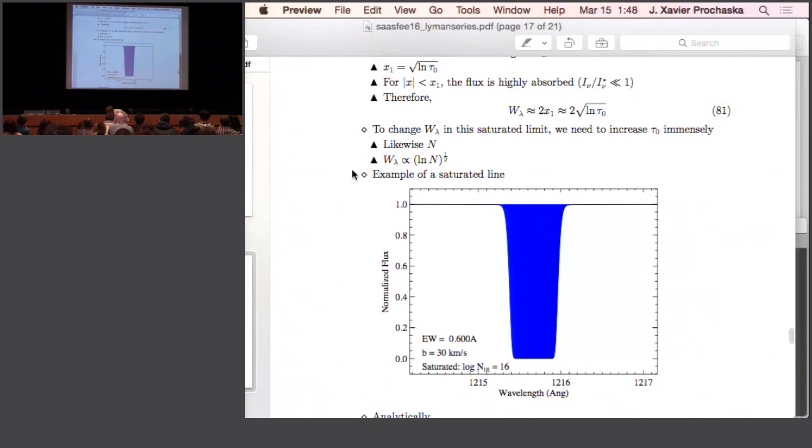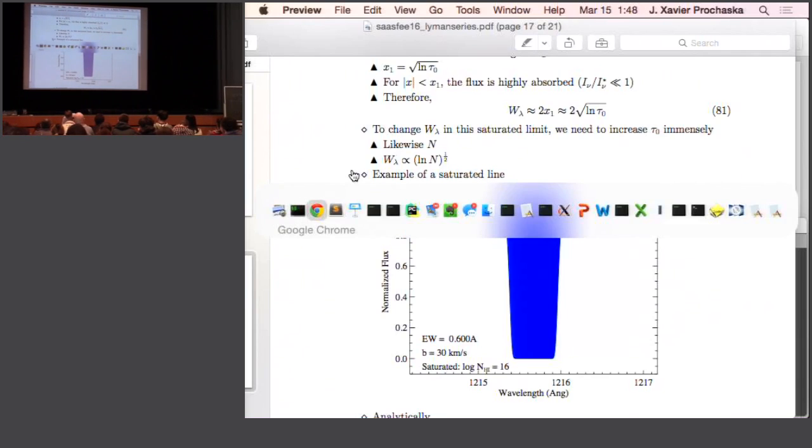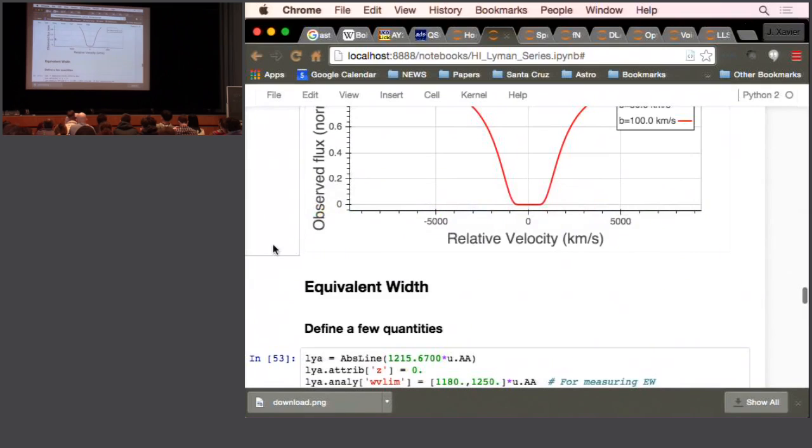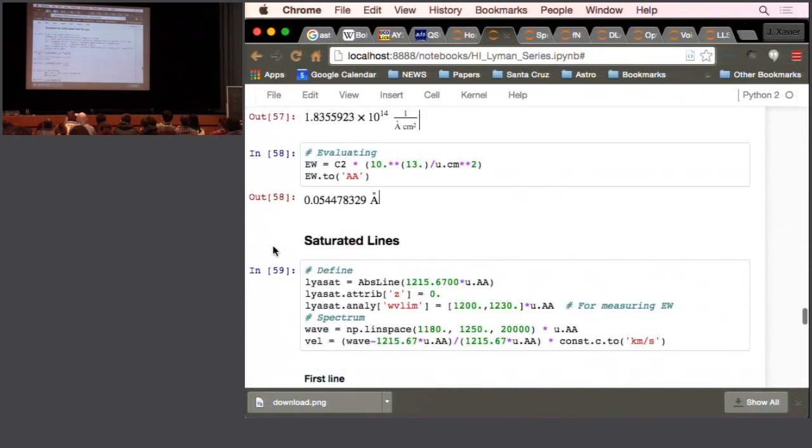So here is a saturated line, column density of, say, 10 to the 16, and the equivalent width is of order unity as well, 1 angstrom, 0.6 angstroms precisely. To really illustrate how insensitive we've become to the physical column density of the gas, let me show some line profiles.